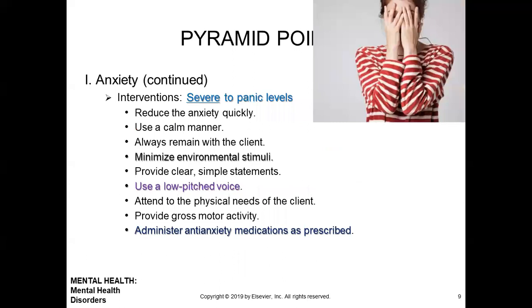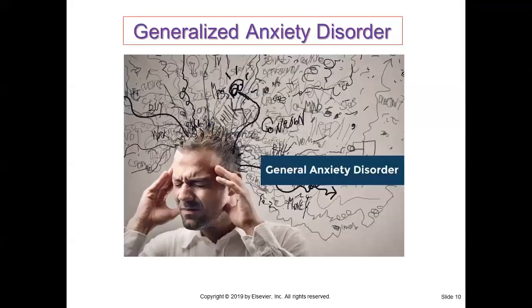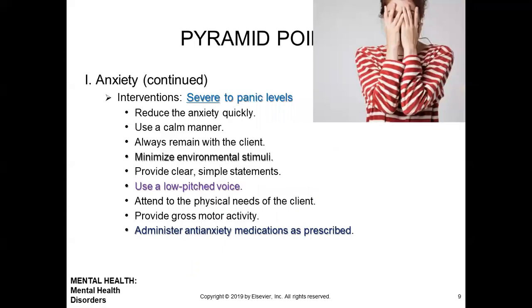What are the interventions if severe or panic level anxiety? If severe or panic level, we provide a quiet environment with minimal stimulation, remain with the patient, and set limits with short, simple statements.